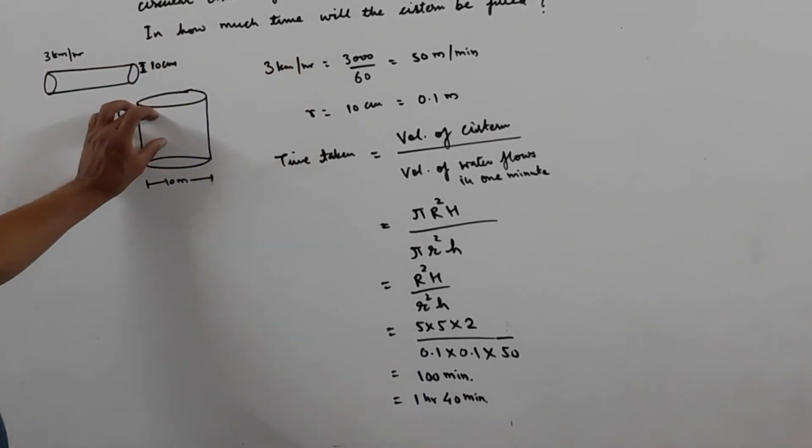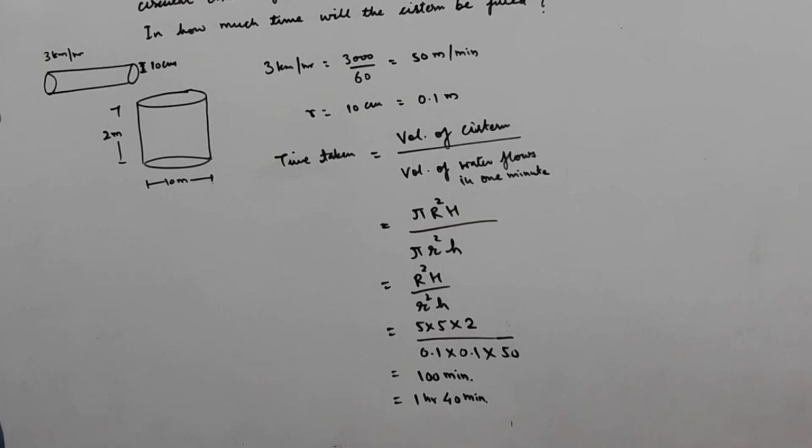The time taken in filling the cistern is 1 hour 40 minutes.